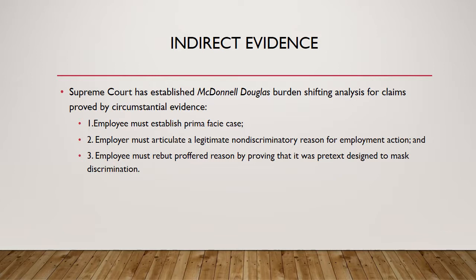So it has to give a legitimate non-discriminatory reason for why it terminated the employee. If the employer can establish that reason, then the burden goes back to the employee to rebut that reason by proving that it was pretextual, meaning that it was not the real reason for the decision. It was a reason designed to mask the discrimination.